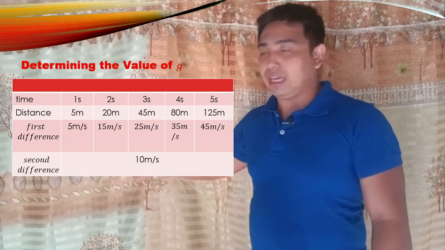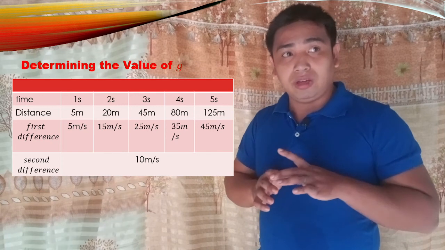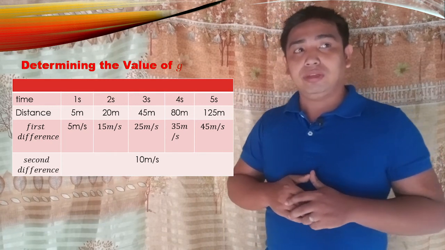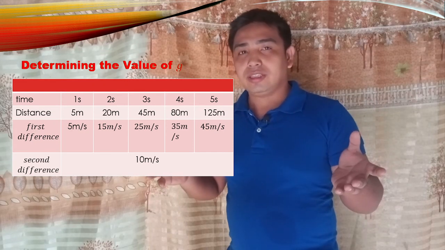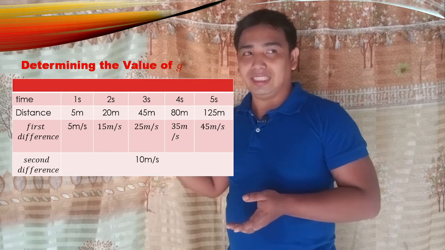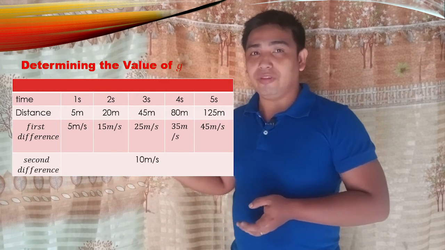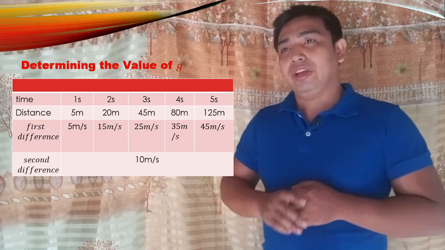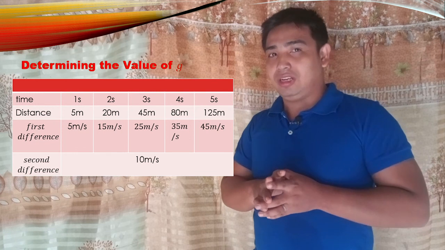Okay, you will see that the second difference is constant, and that is around 10 meters per second in this analysis. But actually 10 meters per second squared is the value of acceleration due to gravity, so only the unit is wrong.